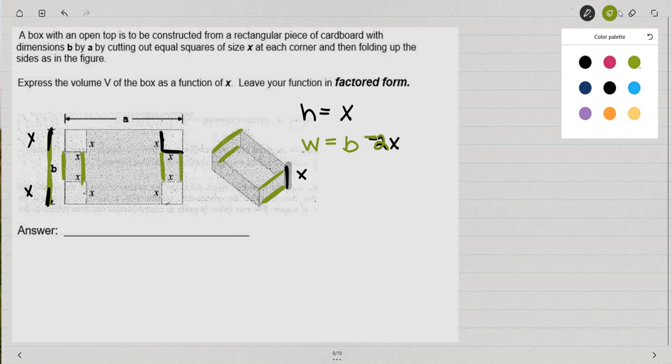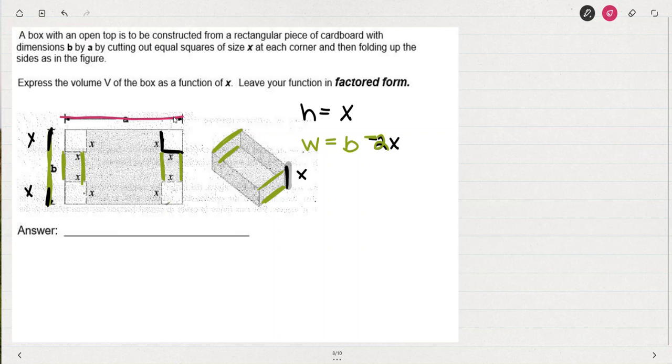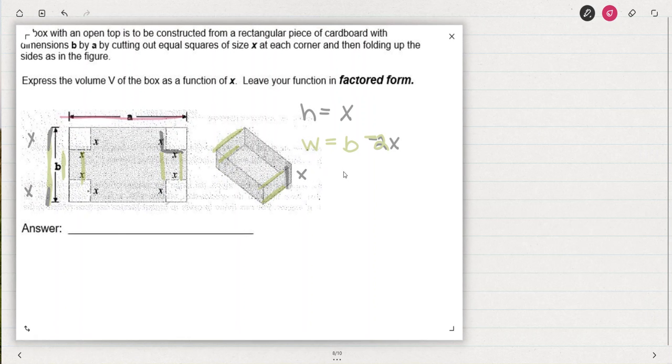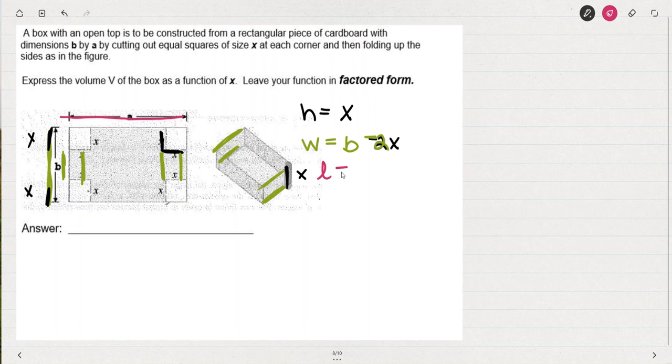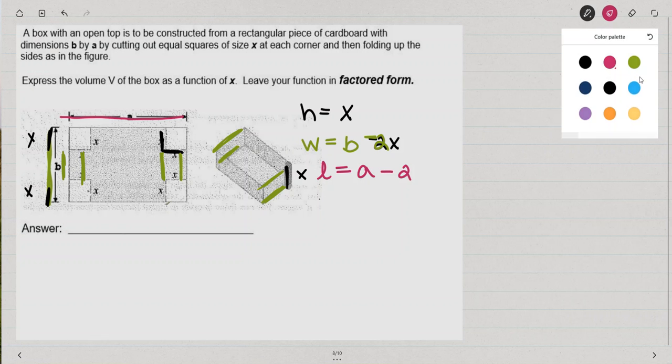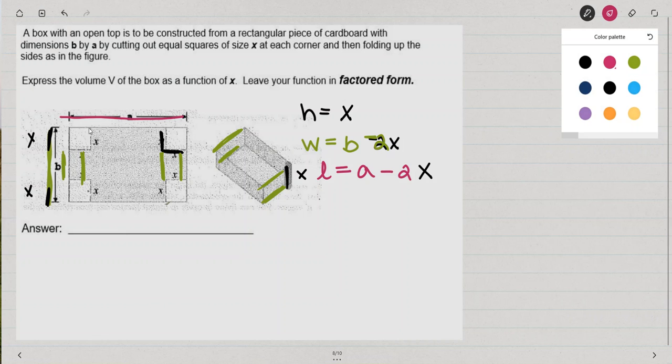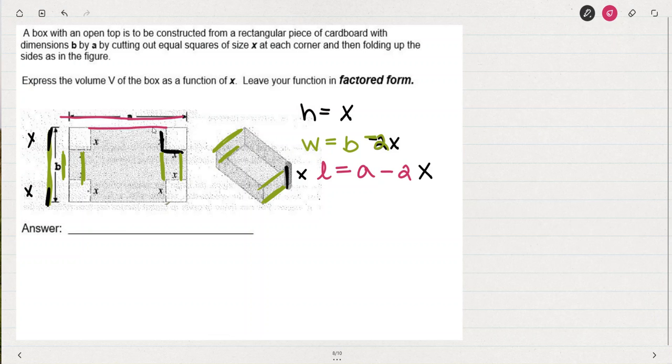And we can find the height, or I'm sorry, the length, real similarly. The length is going to be the length of A minus 2 x's. Do you see that? Let me draw it here. We'd have that this length A, or not A, the length is the full length across A minus each of these 2 x's.